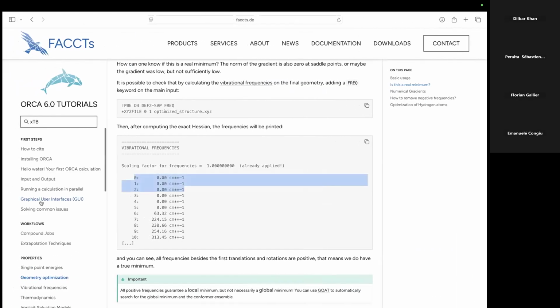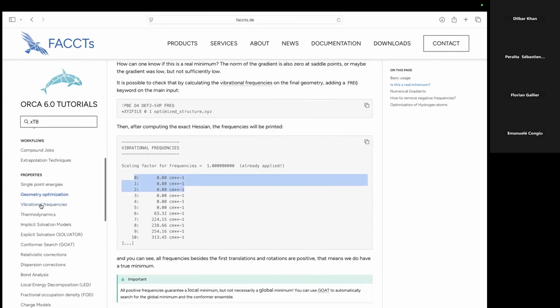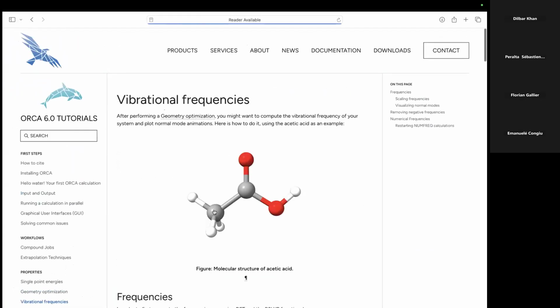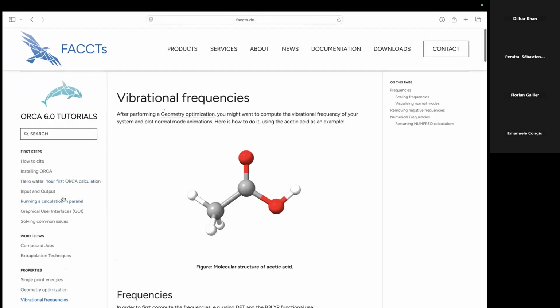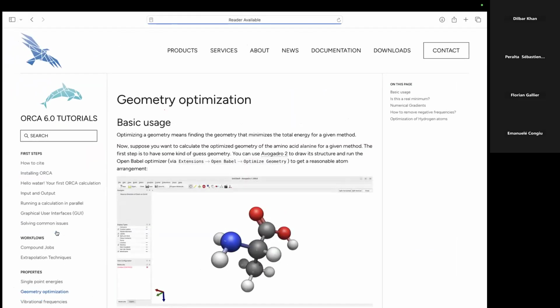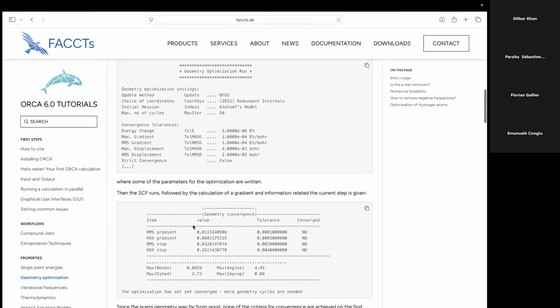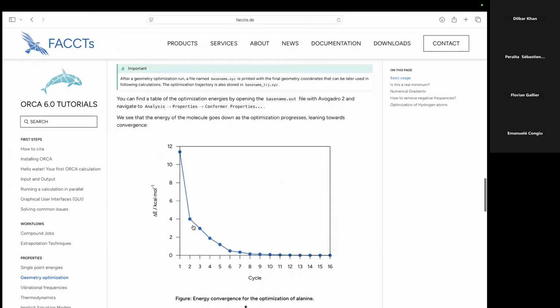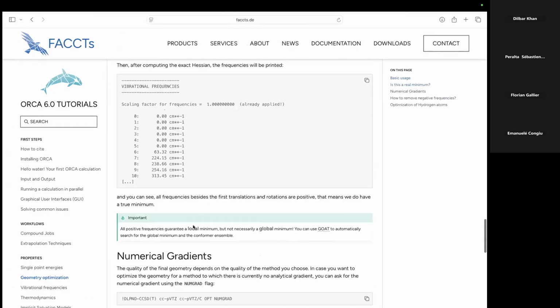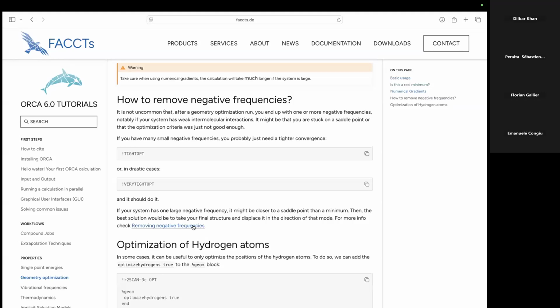So in the geometry optimization tutorial you can see a discussion about it.